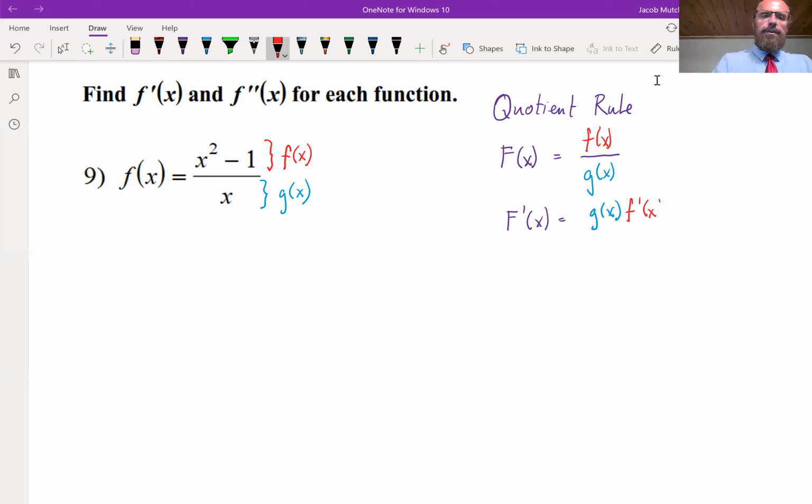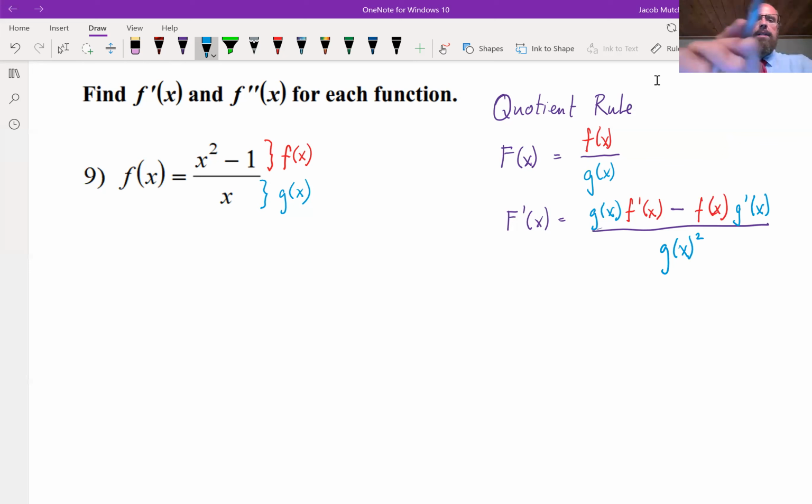Here's a big difference, minus. Remember, that's the change from the product rule. And then it subtracts f of x, the original function, times the derivative of g of x. And then also different from the product rule, it has a denominator, which is g of x squared.